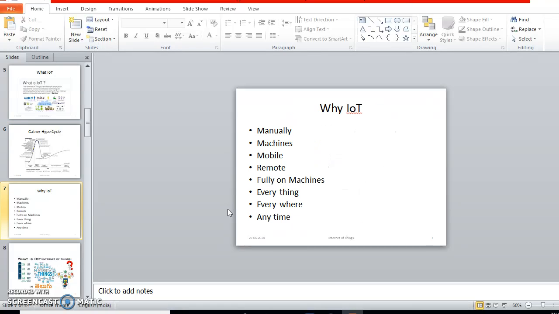Why do we need to go for IoT? In the starting stage of human beings, manually we were doing all our own tasks. Gradually we depended on machines. Something we do manually and some things we do with the help of machines. In the starting days the machine was fixed at one place.